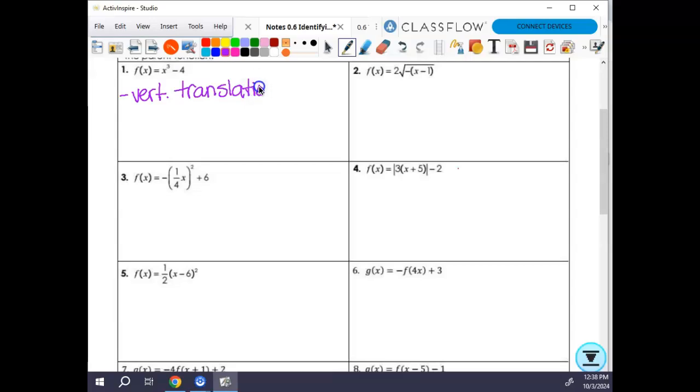Now this is going to differ from how you've written it before probably. What would you normally say? What's happening here? It goes down 4, right? But we're not going to write vertical translation down 4. I have seen it that way, but more of what I've seen from College Board has said vertical translation of -4. So it doesn't use the words up and down.